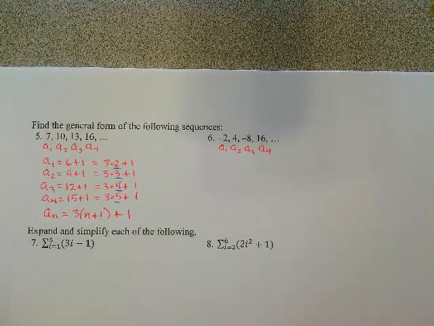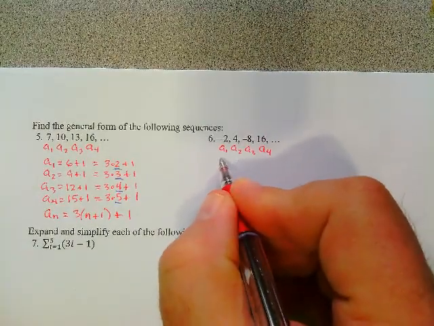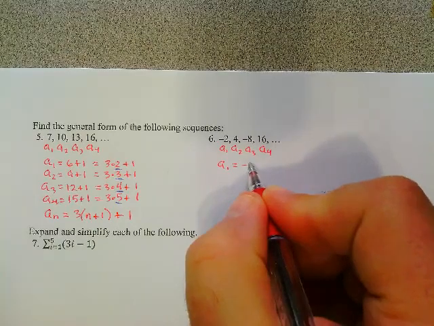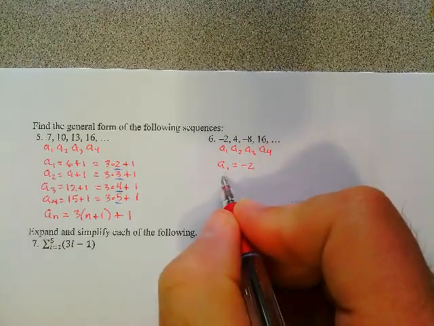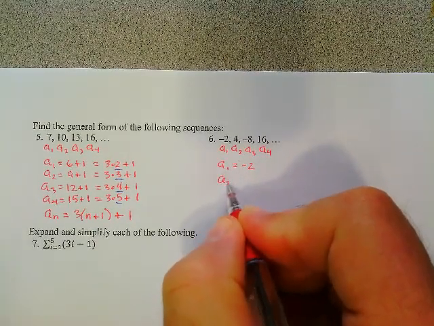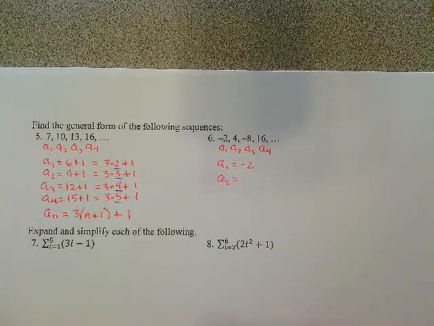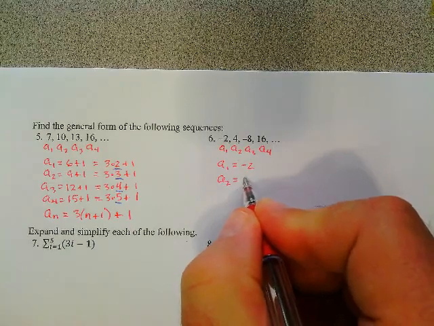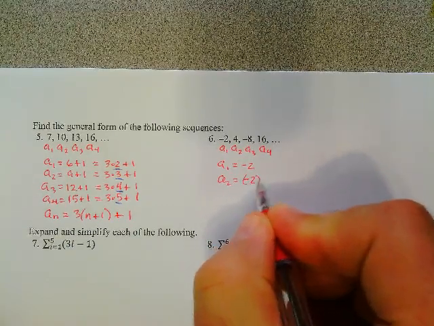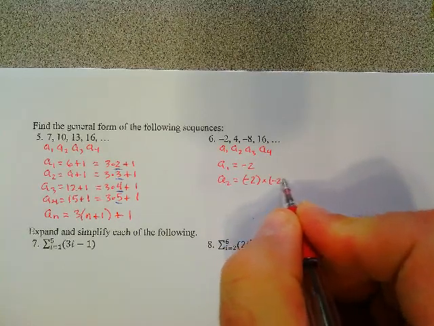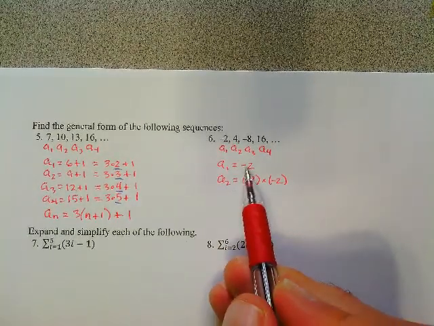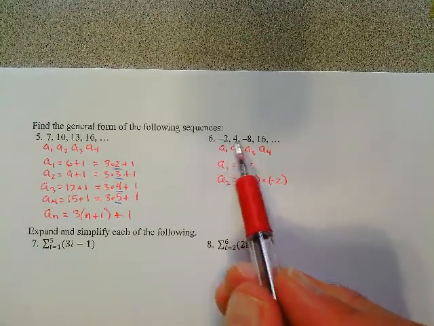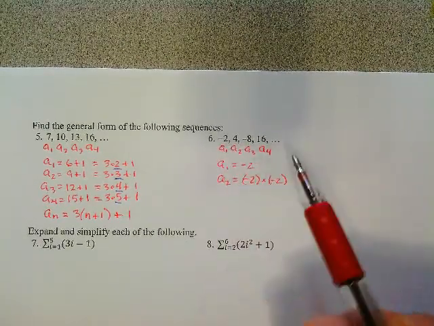Now, let's see. So A1, well, that's negative 2. Now A2, well, that could be 2 times 2, but that's also negative 2 times another negative 2. And why did I pick that? Because that one was a negative 2, and so by doing 2 of them, I'm trying to look for a pattern between them.